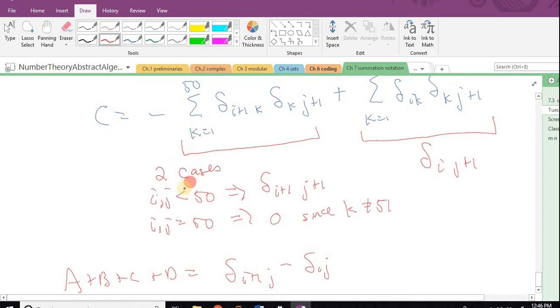Yes, exactly. So it's going to be minus delta ij, and then we have plus delta ij plus 1. But the 50 is exceptional, right?